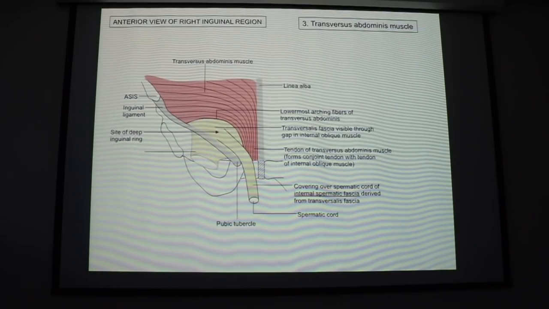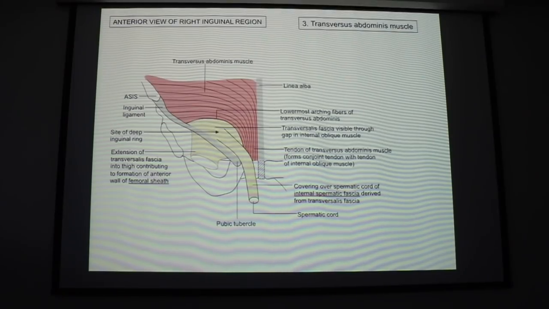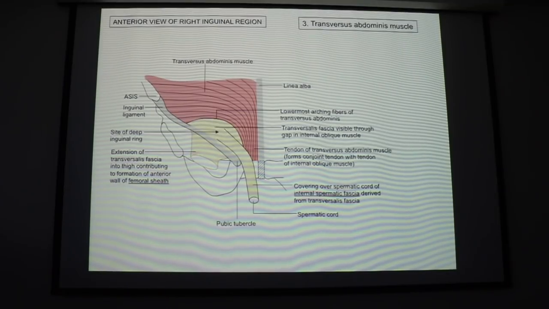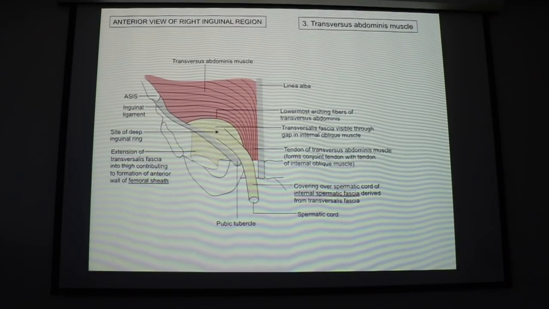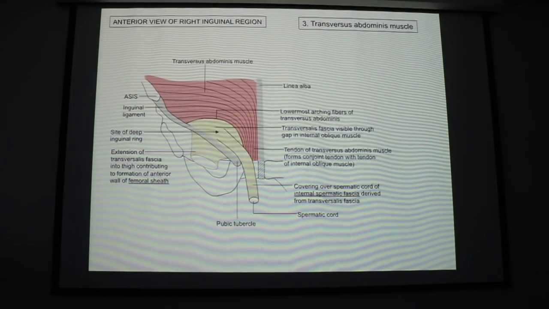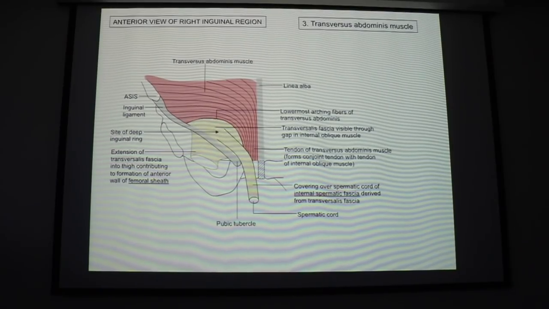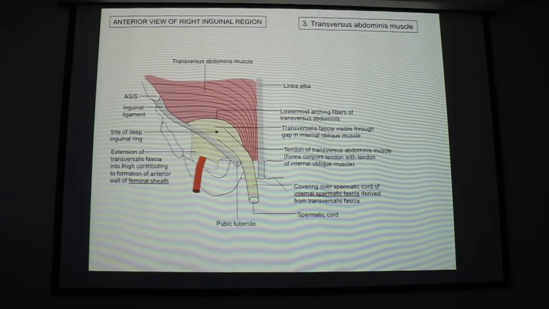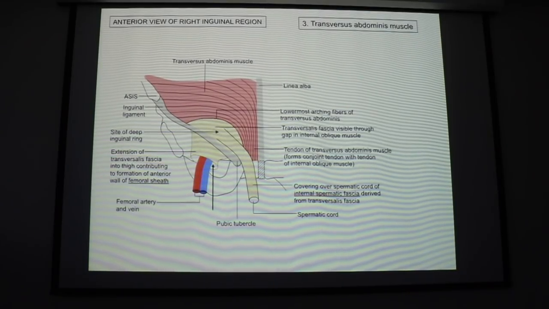You all agree? Now, fascia transversalis continues below the inguinal ligament as the femoral sheath. The femoral sheath is also the continuation of fascia transversalis. And this is the place from where the femoral hernia emerges, from the femoral canal, below the inguinal ligament.